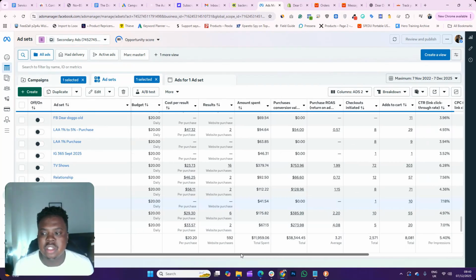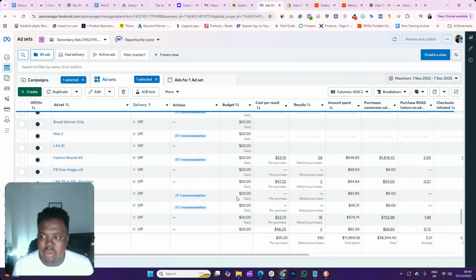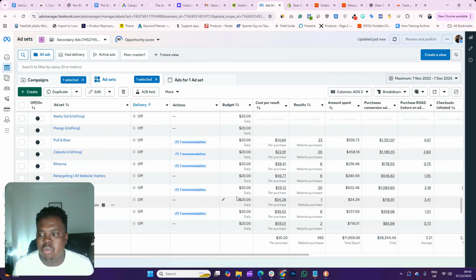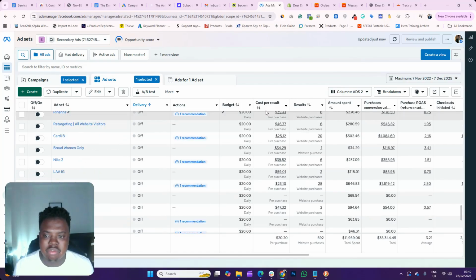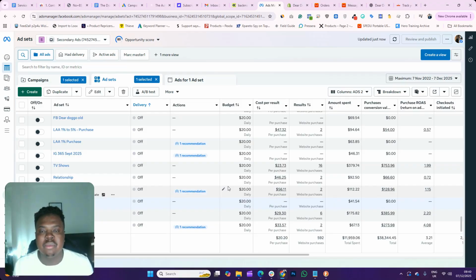So that is the reason why I turned it off. This was the pattern that I noticed. Whenever I focused on targeting any dog related keywords, the cost to acquire a customer, the cost per purchase, which is basically this right here, the cost per result, it's all the same thing, it would be too high, and as a result the client won't be able to generate a profit on the first sale.